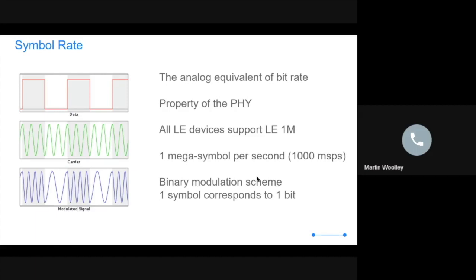Now, in the world of Bluetooth, the modulation scheme we're using is called a binary modulation scheme because every analog symbol corresponds to one digital bit. And therefore, the symbol rate, which is 1,000 megasymbols per second by default in Bluetooth Low Energy, corresponds to 1,000 megabits per second. So this is kind of our start point for understanding what the possibilities are.